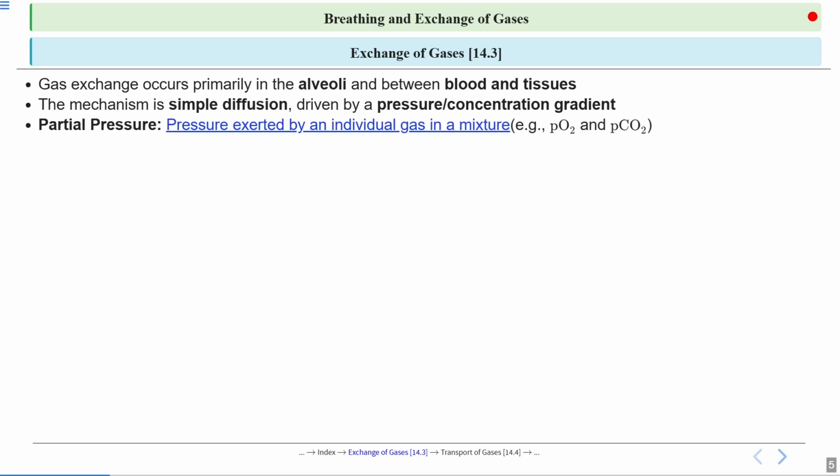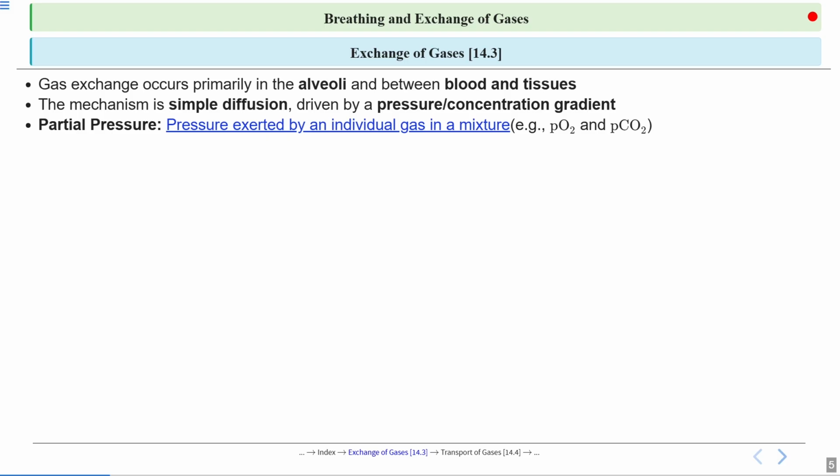Partial pressure. Now, this is a very, very important point. Let us understand the meaning of partial pressure. You all know that air is a mixture of gases, and there are many gases in the air, like oxygen, carbon dioxide, and nitrogen.